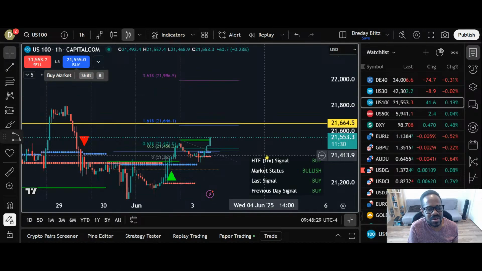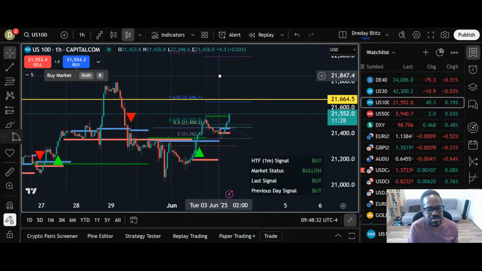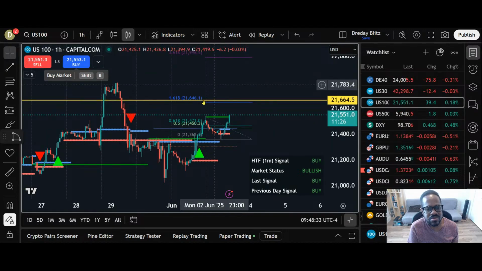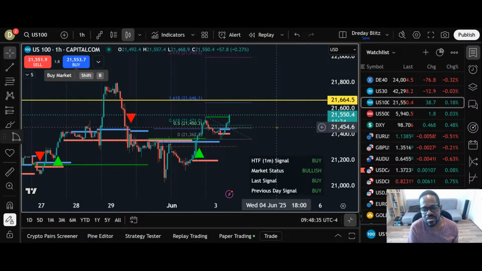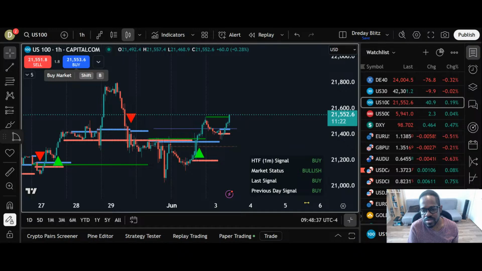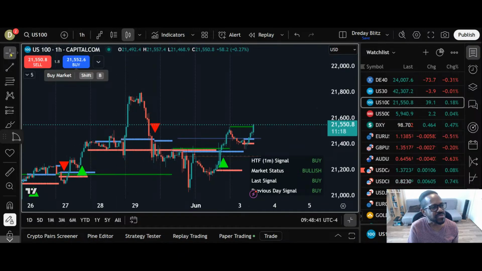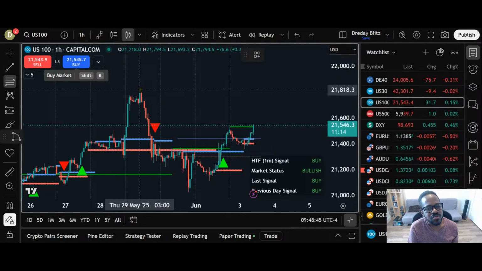Yeah, so on the 1 hour it's still bullish here. So let's remove this. Put a fib off of that 1 hour move.